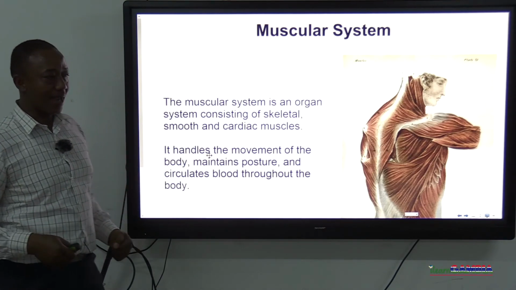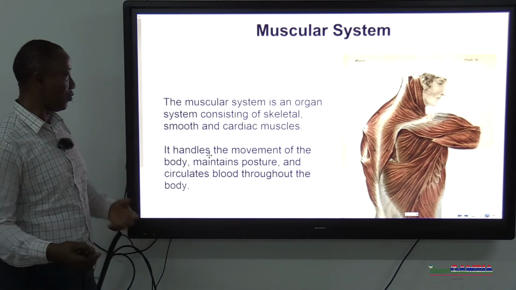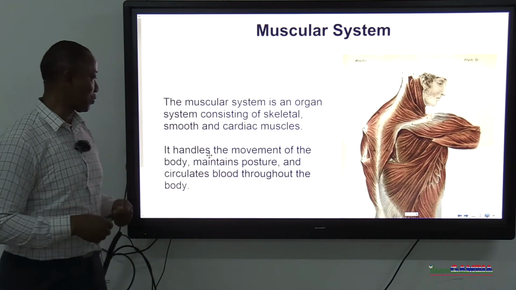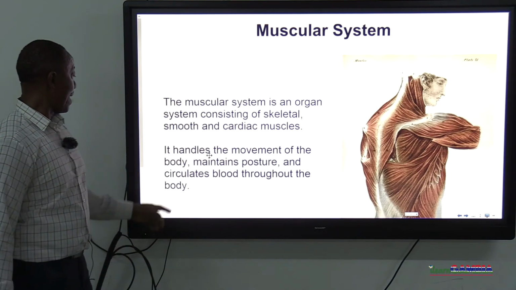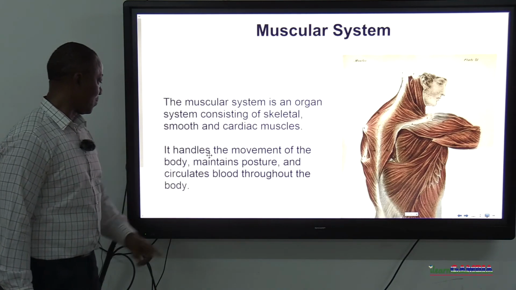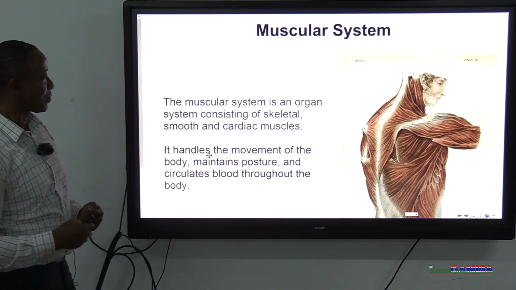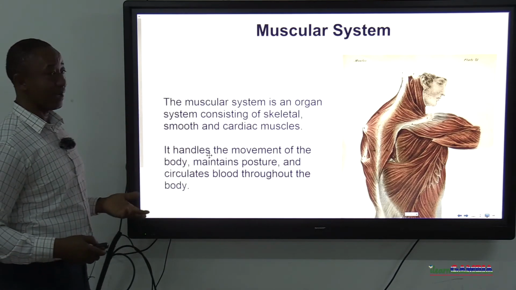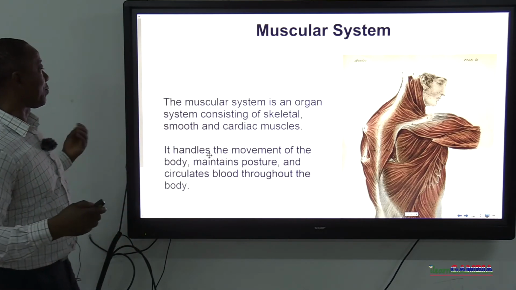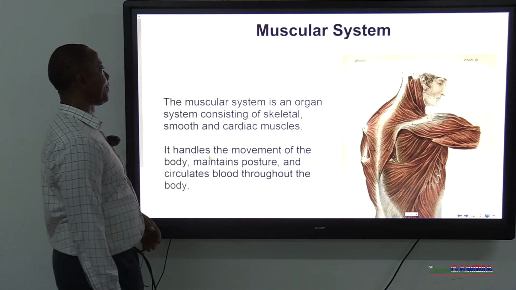I'm able to stand all this time talking to you, moving my arms and so on, because of the muscular system. They also help circulate blood, because the heart is made of a kind of muscle that pumps blood right through the body.